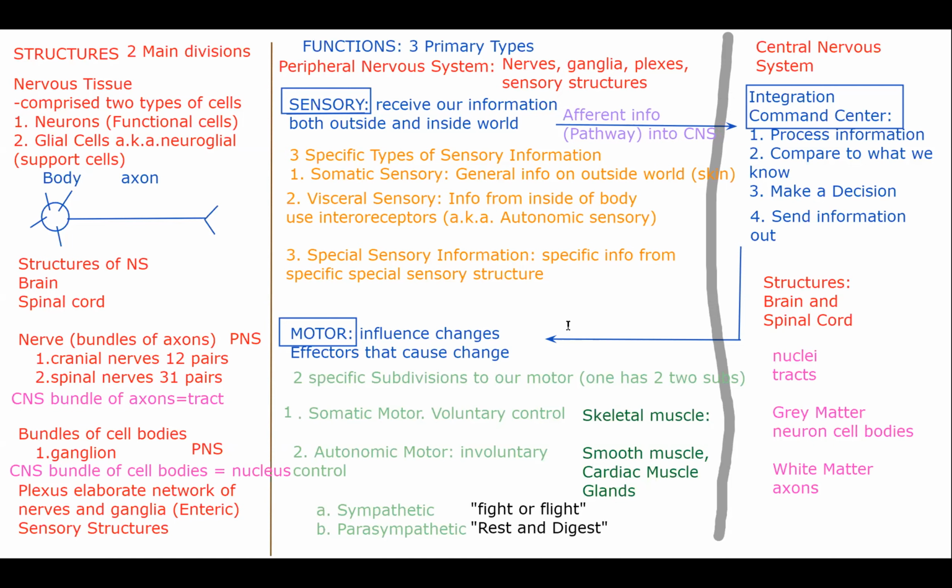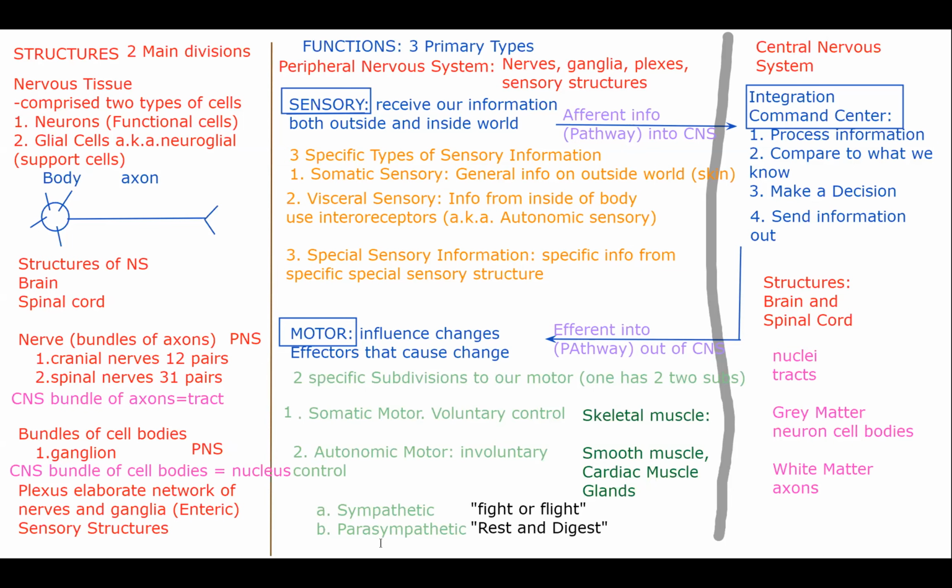And the information coming out is efferent info, right? Or the efferent pathway, and that is out of the central nervous system. There you go. So those are the directionalities of it. Sensory information is afferent, going into the central nervous system. Information coming out of the central nervous system is efferent, and it is motor.